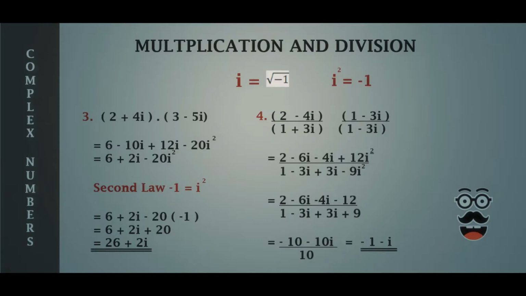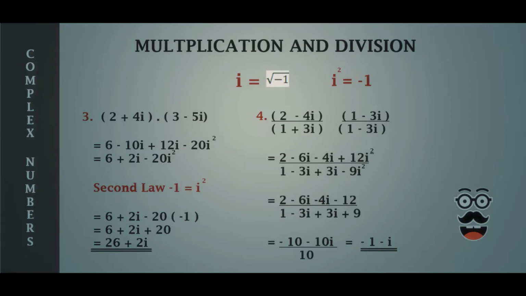When we solve this, we multiply both top and bottom by 1 minus 3i, then we multiply 2 by 1 and minus 3i, and minus 4i by 1 and minus 3i. Okay, we can write 2 minus 6i minus 4i plus 12i squared.